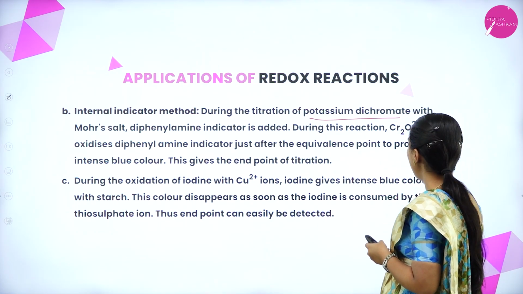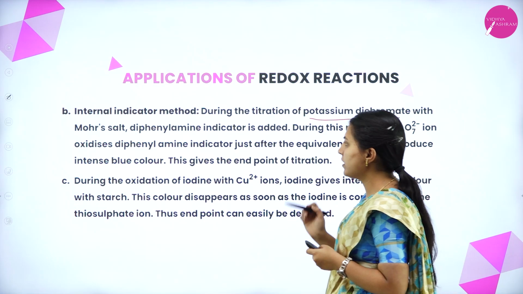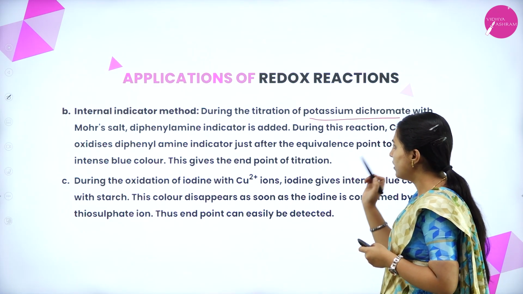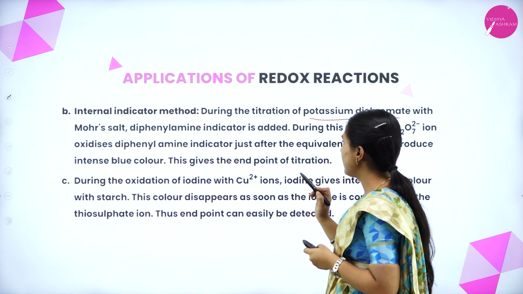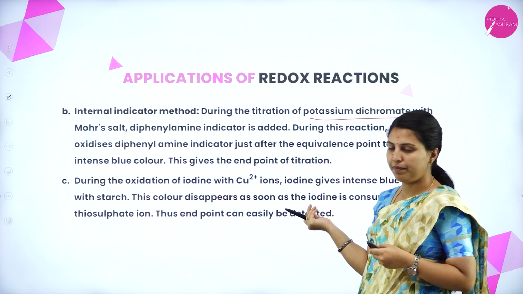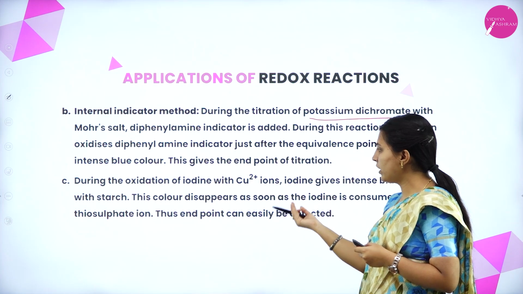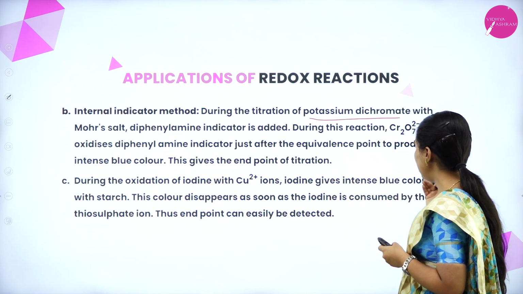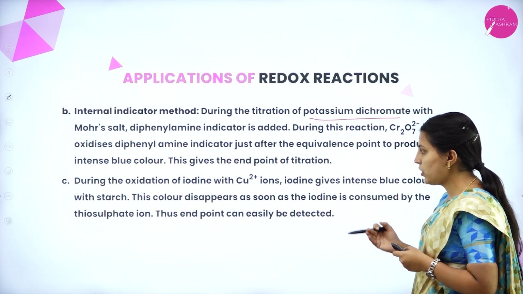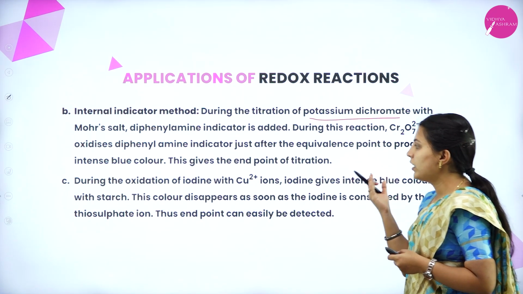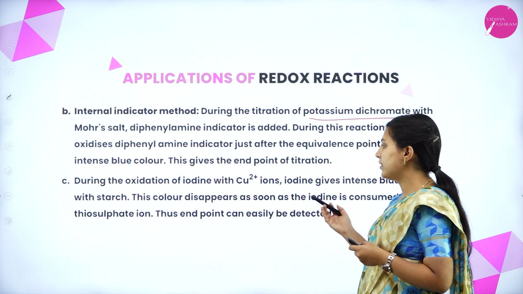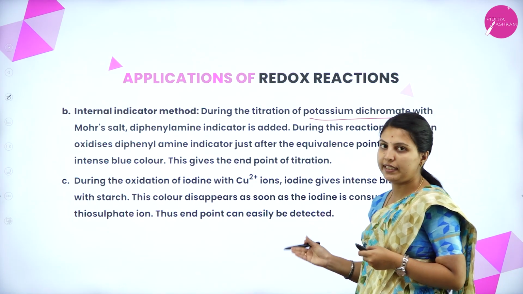During this reaction, dichromate ion oxidizes the diphenylamine indicator just after the equivalence point to produce an intense blue color. This gives the end point of the titration. During the oxidation of iodide with copper ions, iodine gives an intense blue color with starch. This color disappears as soon as the iodine is consumed by the thiosulfate ion. Thus, the end point can easily be detected.